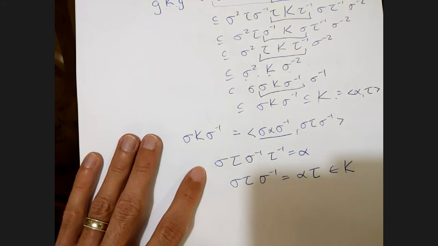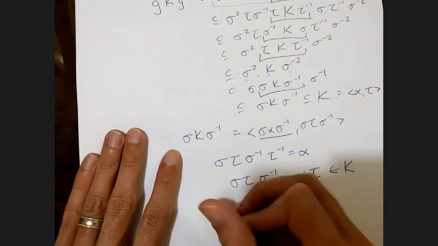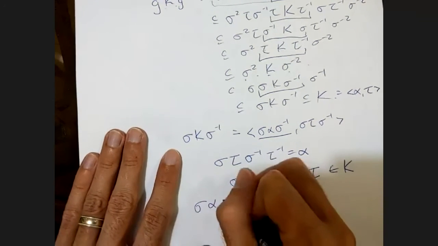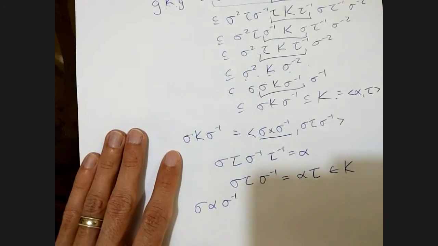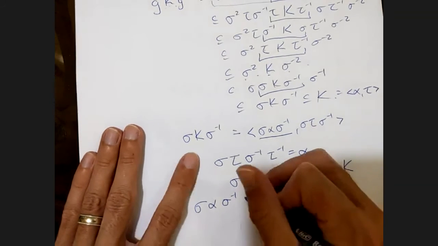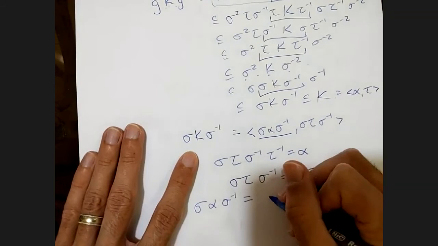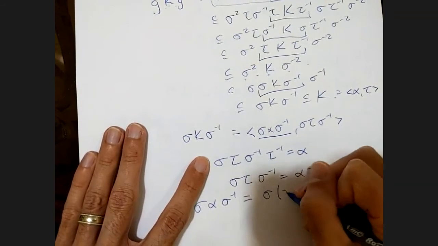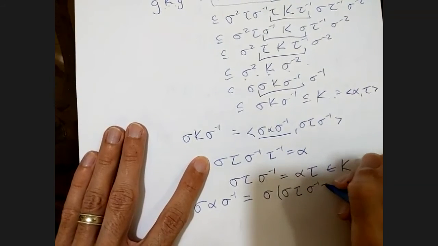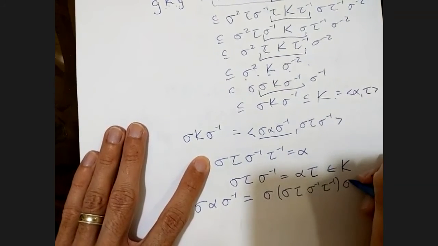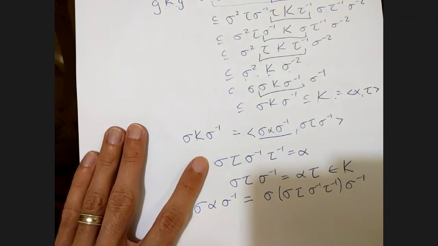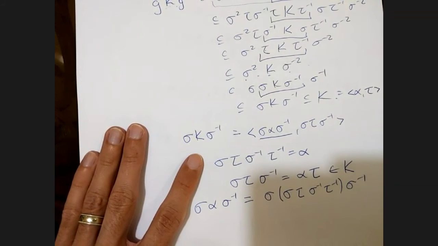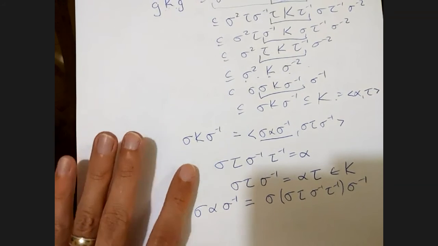Okay, what's sigma alpha sigma inverse? Well, alpha is just this thing, sigma tau sigma inverse tau inverse. How does that help us?